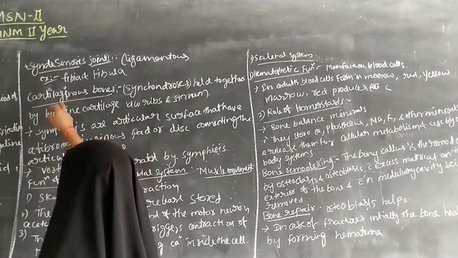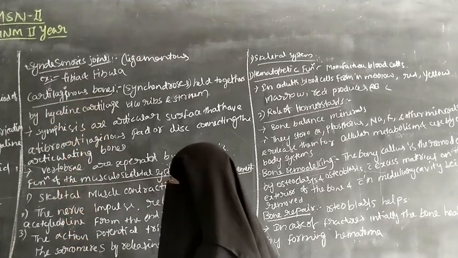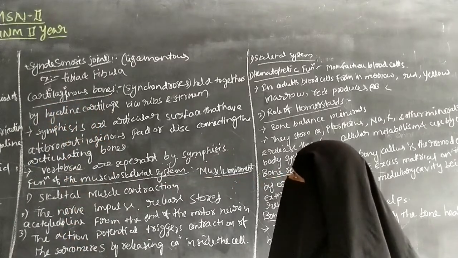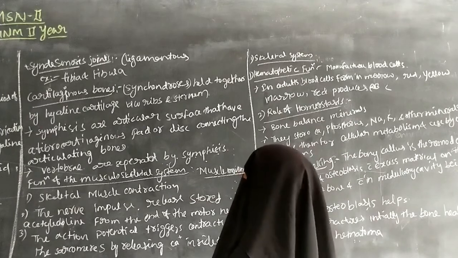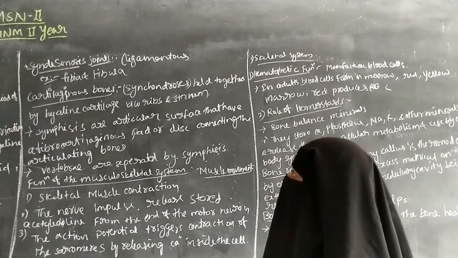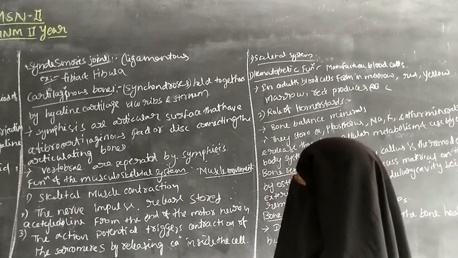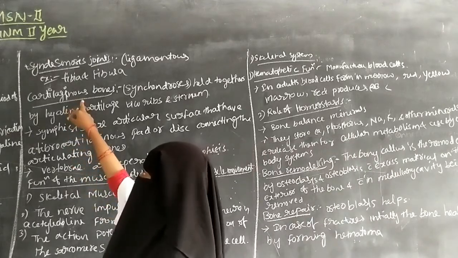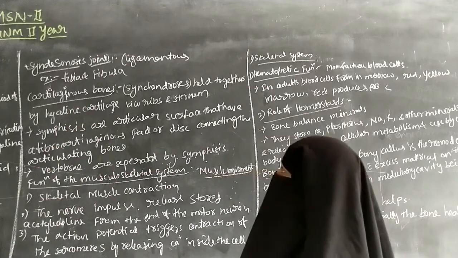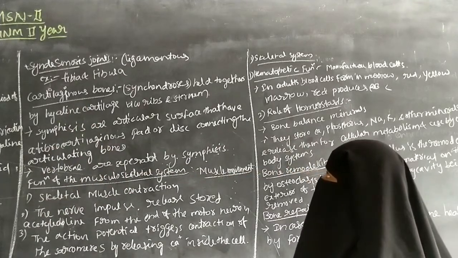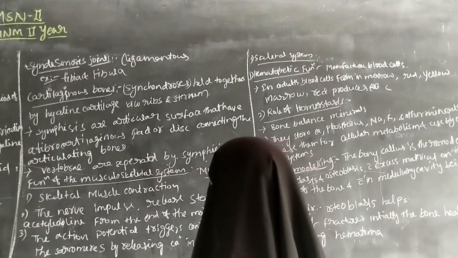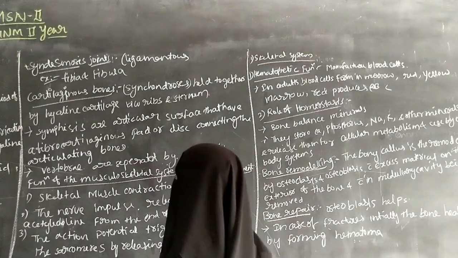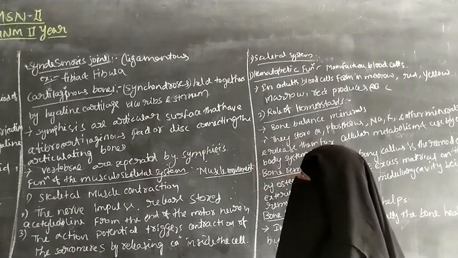Next one is cartilaginous joints, also called synchondrosis. They are held together by hyaline cartilage, for example between the ribs and the sternum.